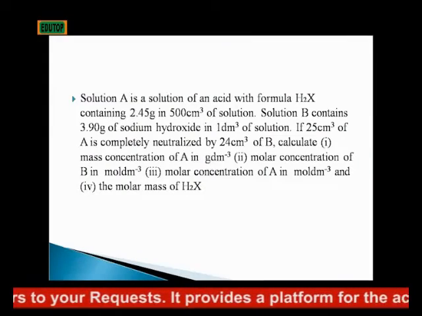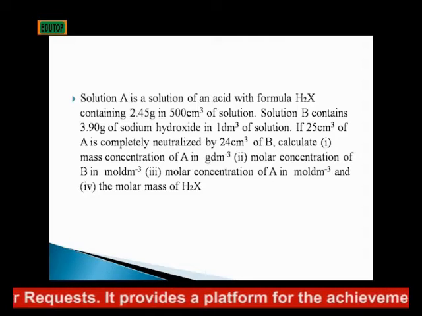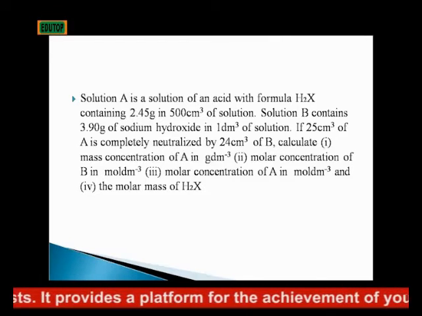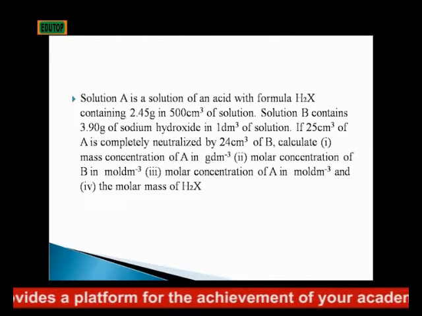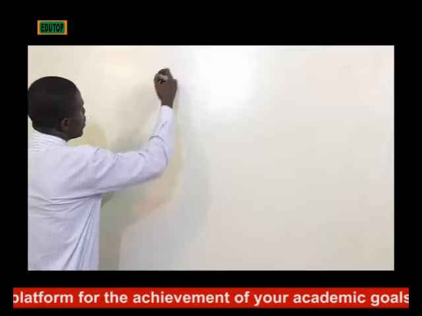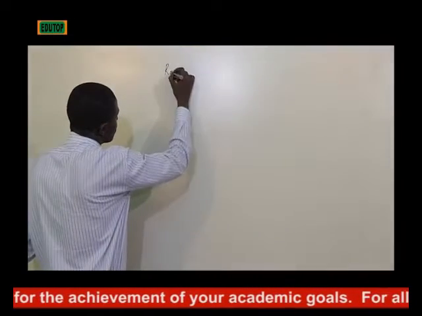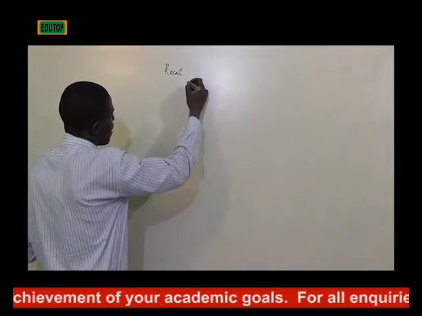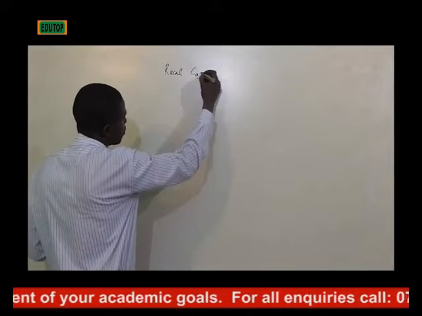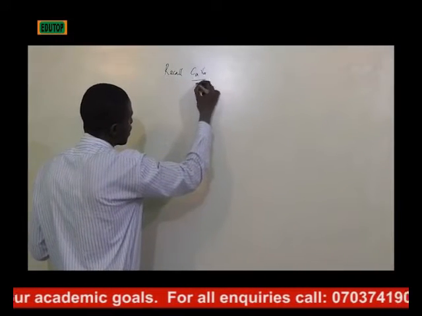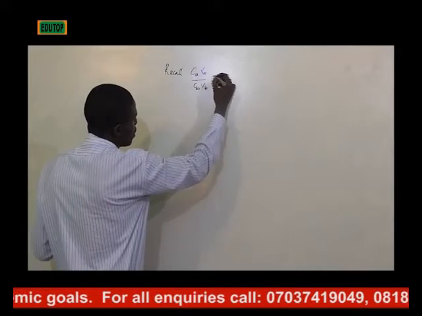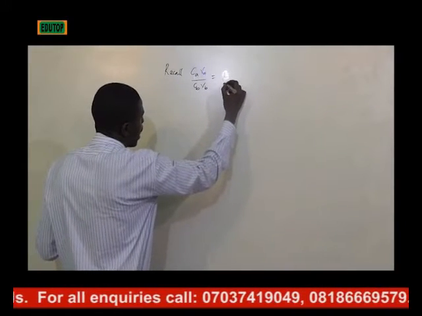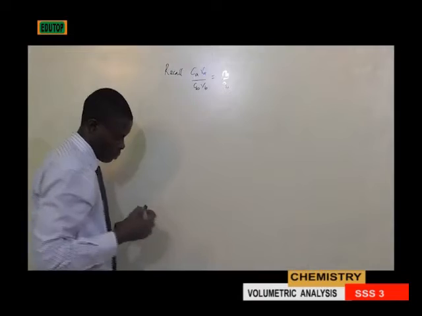Roman numeral 3 for question 2. Molar concentration of A in mole per dm cube. We resolve by using the neutralization formula of CaVa over CbVb equals Na over Nb.